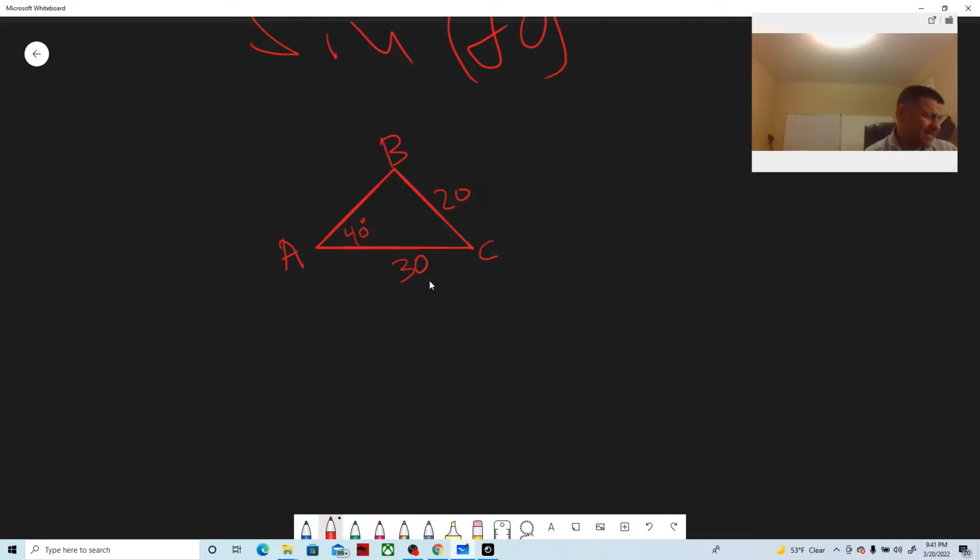In this case, we are missing two angles, and we have two sides, which in this case is called side-side-angle, right?